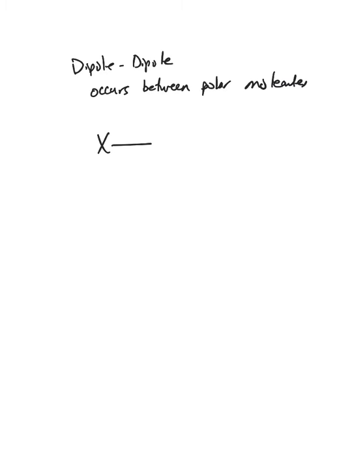We've got two atoms, X and Y, that because of their differences in electronegativities, for example, in this molecule, cause a dipole to be formed. We use some vector symbolism from physics to show it like this. We have a partial positive atom X and a partial negative atom Y.